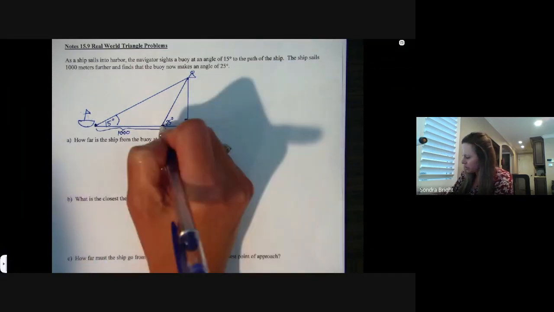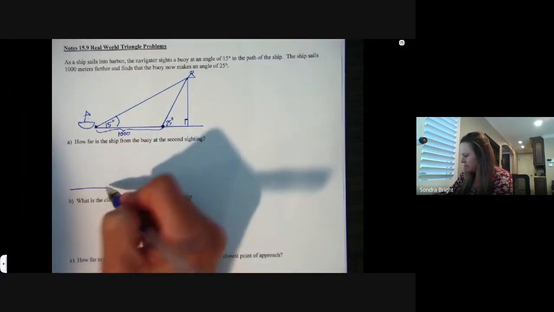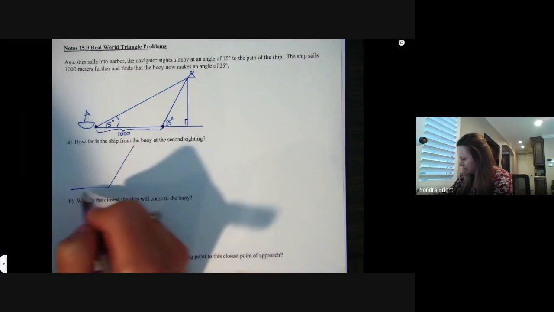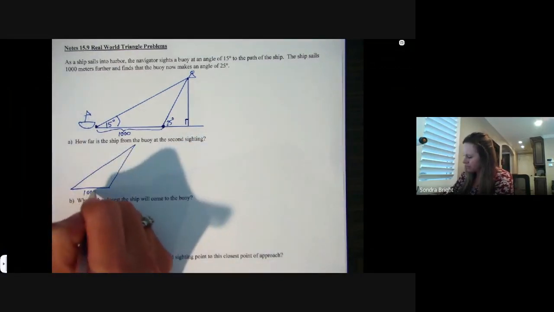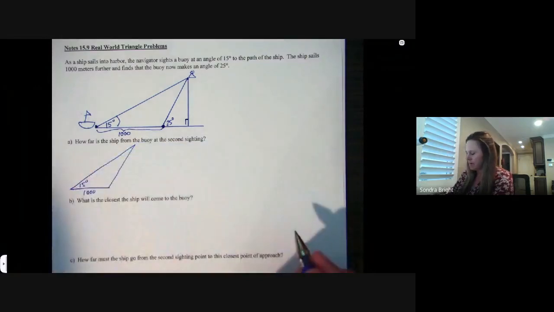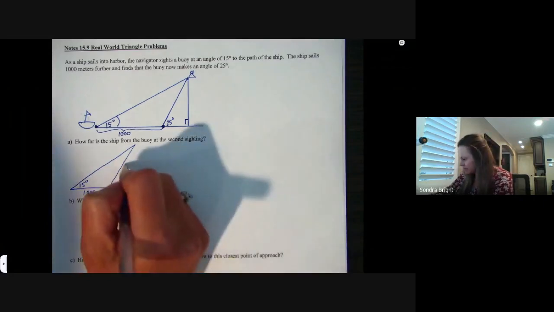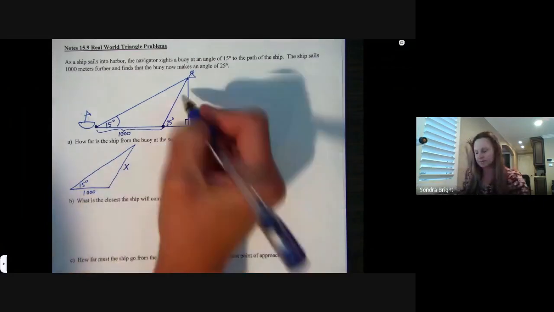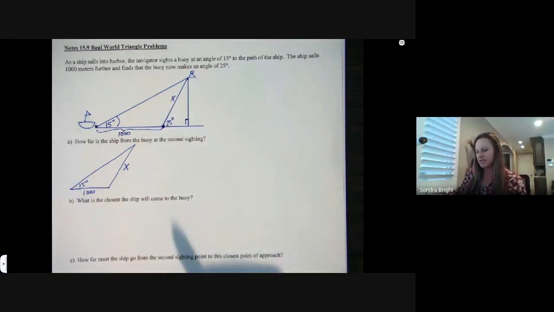So I'm going to redraw this triangle just so that I'm not making a super huge mess. And what do I know? I know this is 1,000. I know this is 15 degrees. I want to know this distance here, right? Because here's this x for this first part. Do I have enough information?